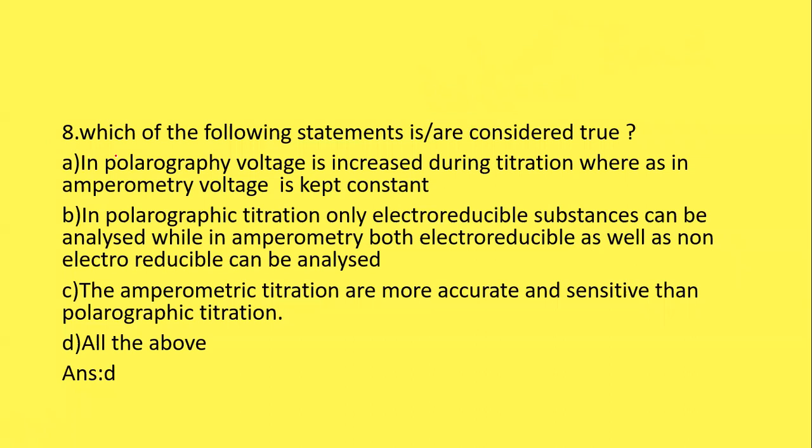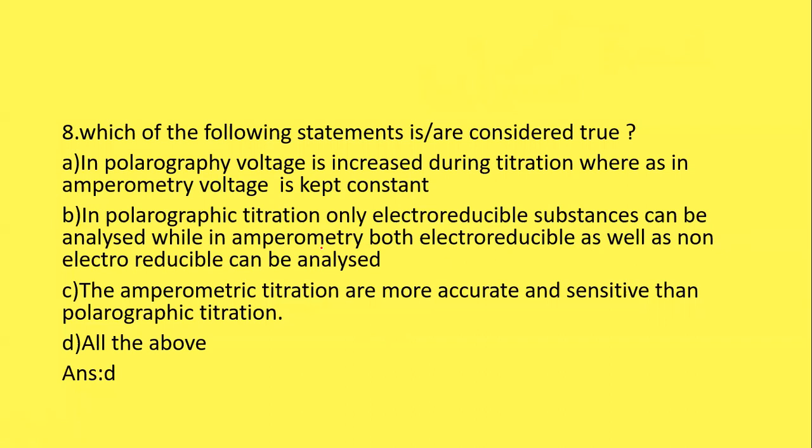So let us explain each statement. In polarography, voltage is increased during titration, whereas in amperometry, voltage is kept constant. Next, in polarographic titration, only electroreducible substances can be analyzed, while in amperometry, both electroreducible as well as non-electroreducible substances can be analyzed.